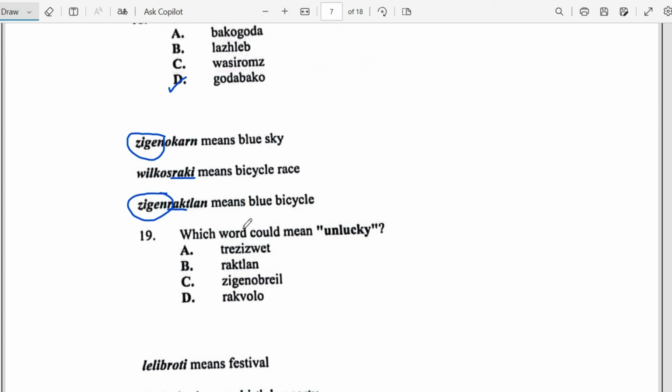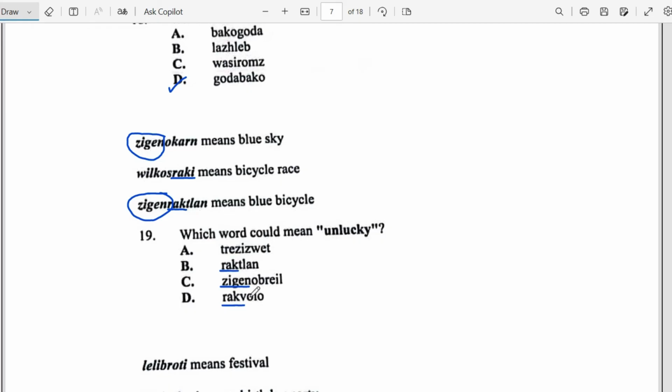However, here, which word could mean unlucky? We are not seeing unlucky in either of these words. But when we look at the results here, we're seeing this word, which is blue. We're also seeing this word here, which is bicycle. And here we're also seeing this word, which is bicycle.